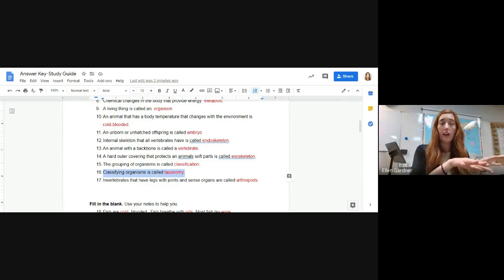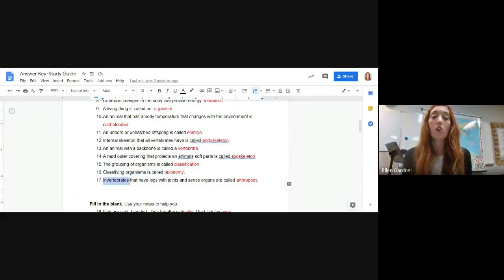So once you've really classified those organisms, you put them into different groups and study the relationship, like thinking through what makes a mammal, what are the characteristics? And then once you've studied that and put them into even smaller groups within the classification of mammals, that's taxonomy, as you're putting them into different groups.